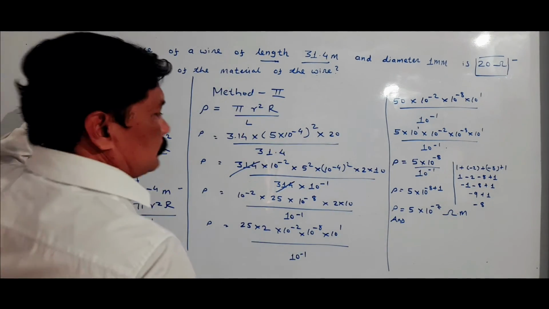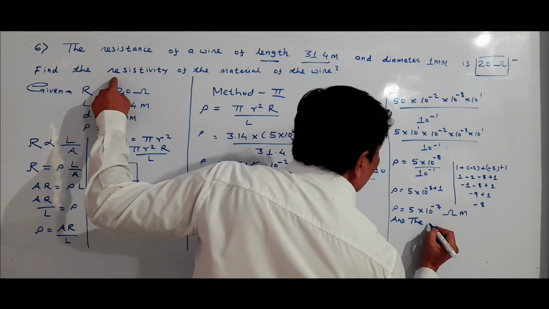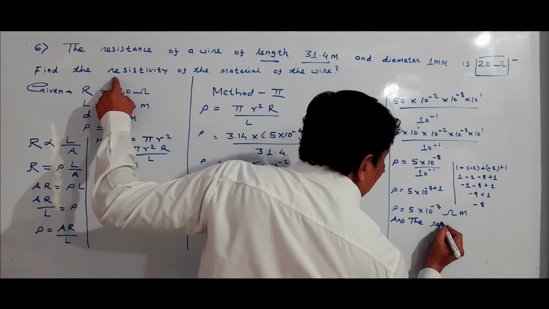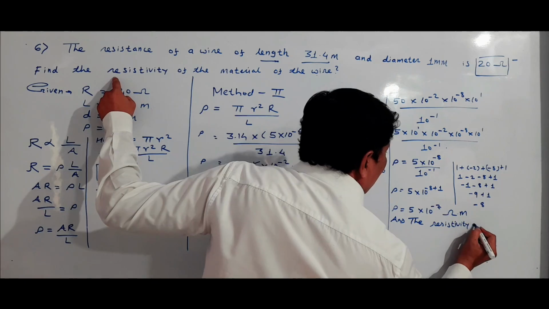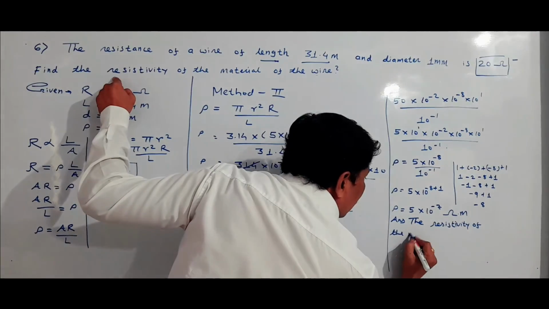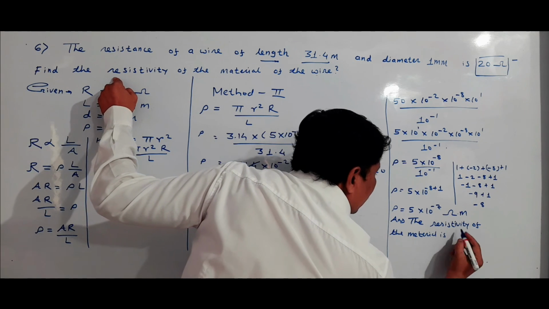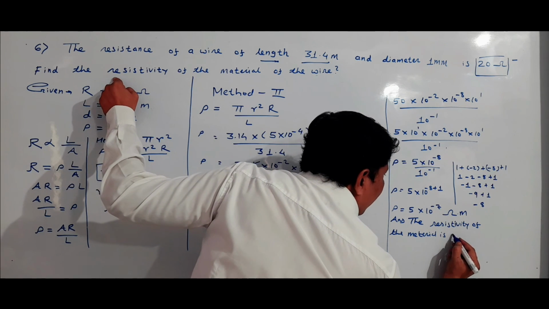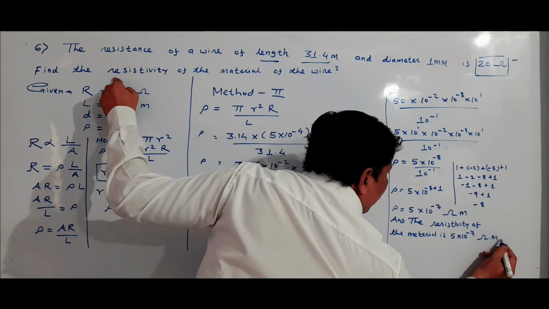Answer: the resistivity of the material is 5 into 10 to the power minus 7 ohm meter.